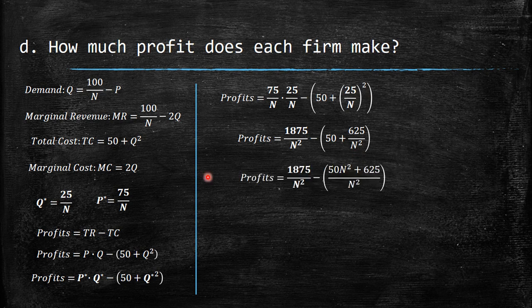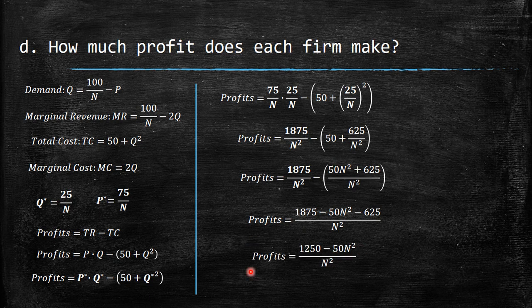This is not a common denominator, so I put n squared. What is missing for 50 to become n squared in the denominator? The denominator is 1, so it misses n squared. So for this reason I multiply by n squared, and then I collect the minus, taking into account that it breaks the parentheses and changes to plus, and then this should be the profit.